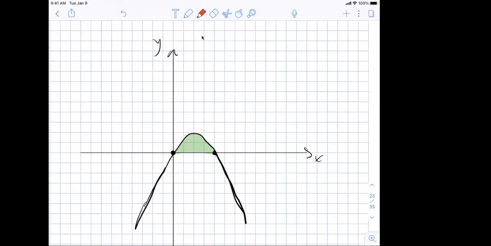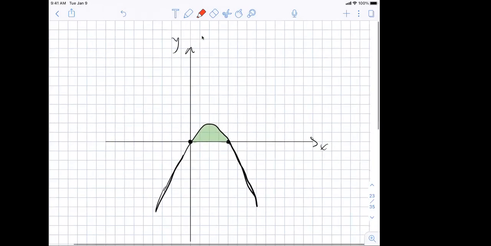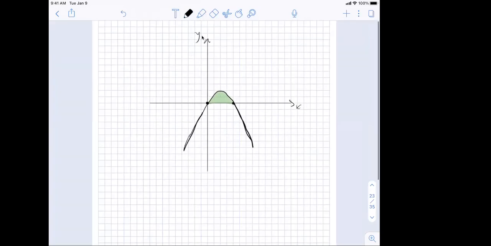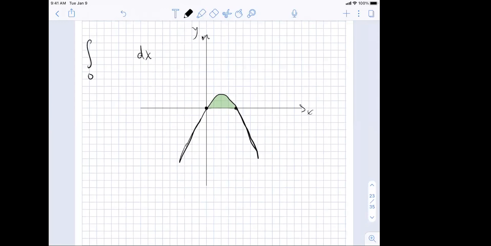Okay, so then how can I translate this question into an integral problem? Well, let's look at the graph. I want to translate into the integral of some function with respect to x. And what's the function I'm integrating?